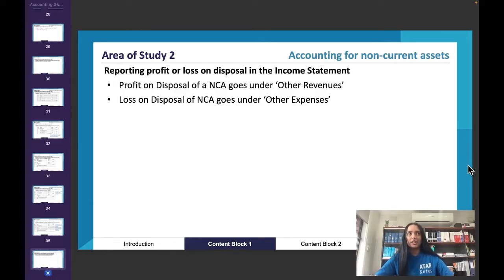And by first half, I mean the gross profit and adjusted gross profit section of the income statement, so before net profit.